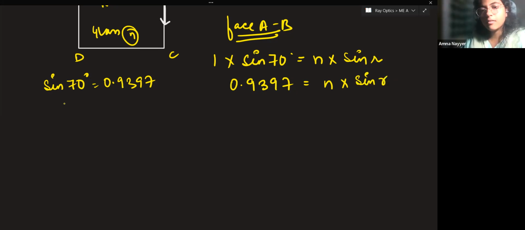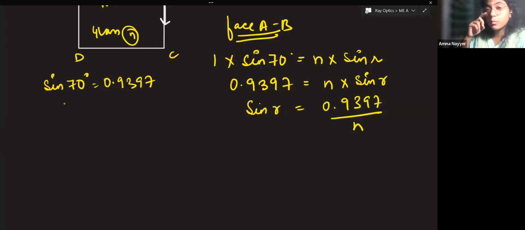So sin r will be equal to 0.9397 by n. Why are we performing so many steps? We are performing so many steps because we cannot use n. Otherwise, our critical angle is very clear, 1 by n, but we cannot use 1 by n. So as to find the value of n, that's why we are performing so many steps.